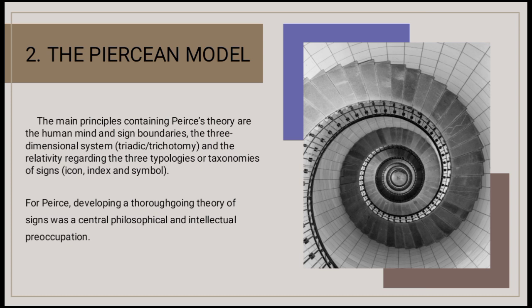The main principles containing Peirce's theory are the human mind and sign boundaries, the three-dimensional system, and the relativity regarding the three typologies or taxonomies of sign: icon, index, and symbol. For Peirce, developing a thoroughgoing theory of sign was a central philosophical and intellectual presupposition.